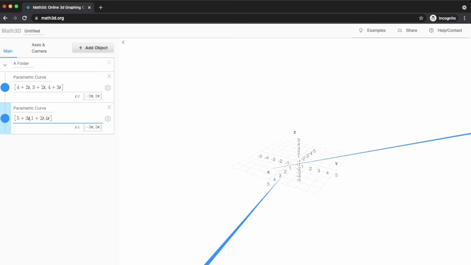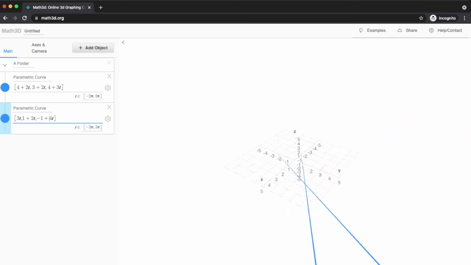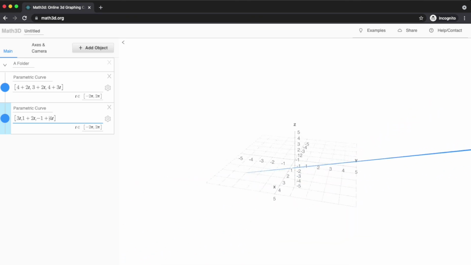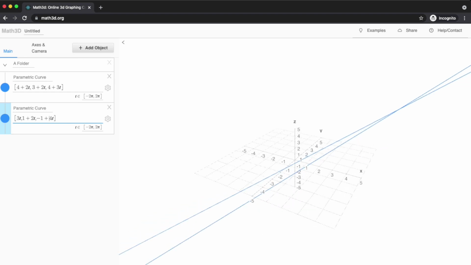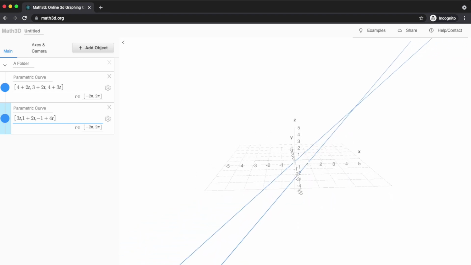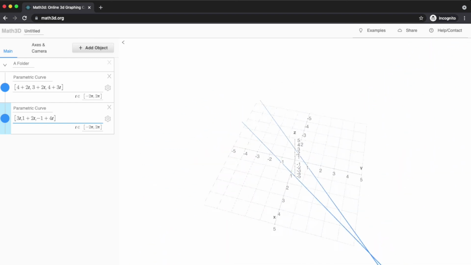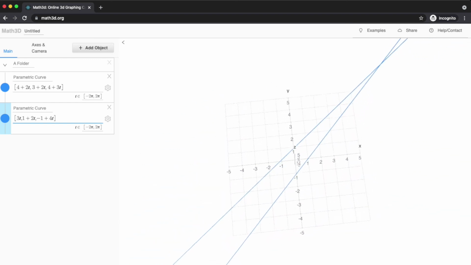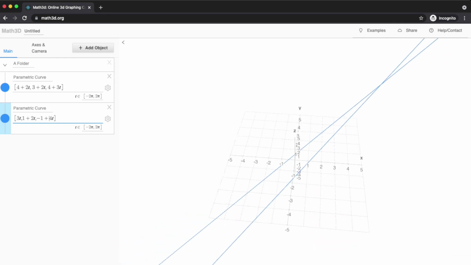And then our second line is 3t, 1 plus 2t, and negative 1 plus 4t. So there we go. There's our two lines, and it looks like they're intersecting. Let's get a better view of where they're intersecting here. What's their point of intersection? Might be kind of hard to read off by just dragging this around, especially since we don't have our axes extending very far.